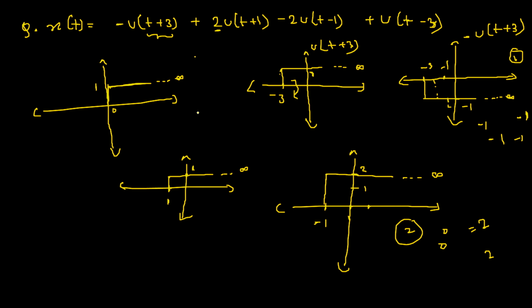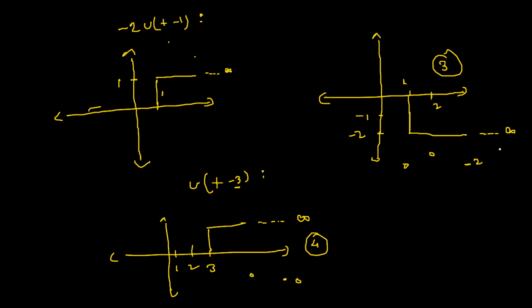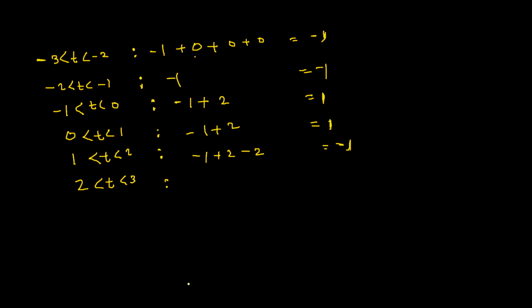And from 2 to 3, I again have minus 1, 2, minus 2, and 0. So this is again the same thing, minus 1 plus 2 minus 2 is equal to minus 1.